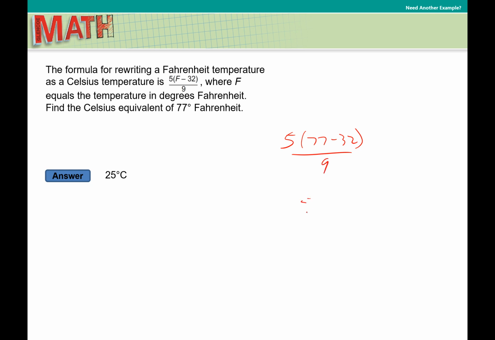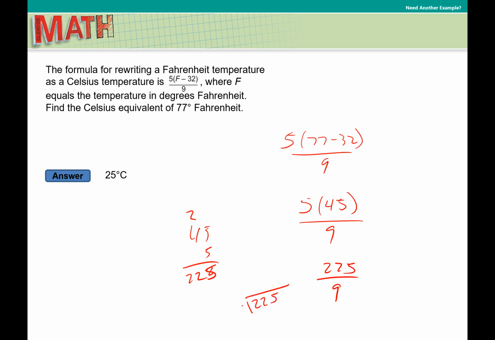So I want to do what's in the parentheses first. 77 minus 32 is 45, over 9. 5 times 45, do some quick math here, that's 225, 225 over 9. And then I divide that, 225 divided by 9. That's going to be 25. And that's my answer, 25 degrees Celsius.